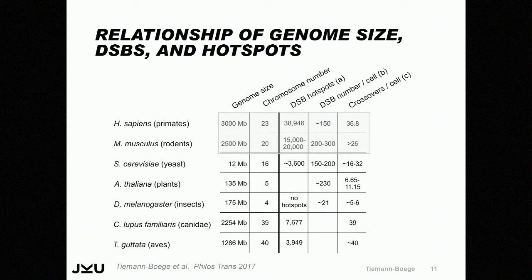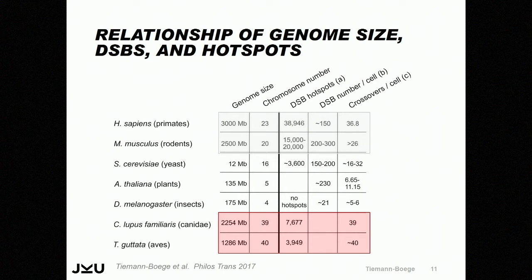Also, what's interesting in this table is that species without PRDM9 also have hotspots, but a much lower number of them in the genome. Yet the number of crossovers is still about the same. And then you have things that have no hotspots, like Drosophila, which still have a number of crossovers, although reduced.